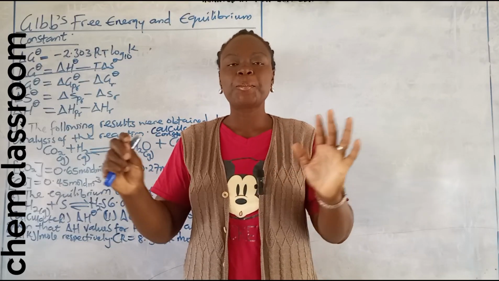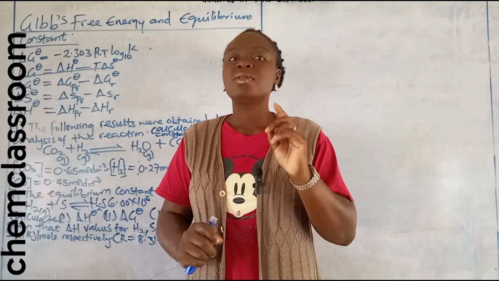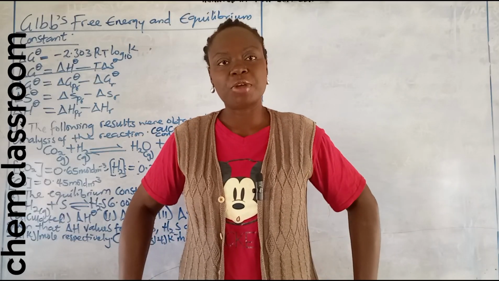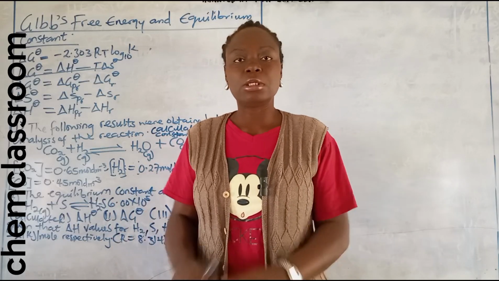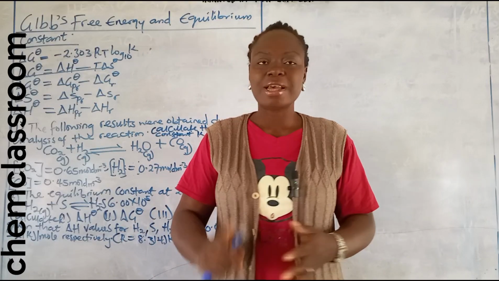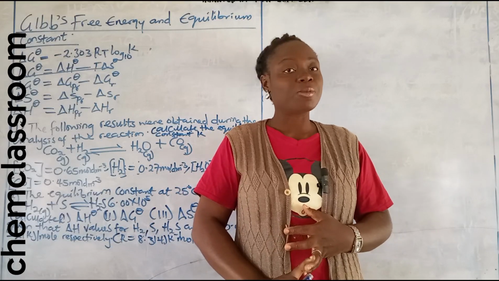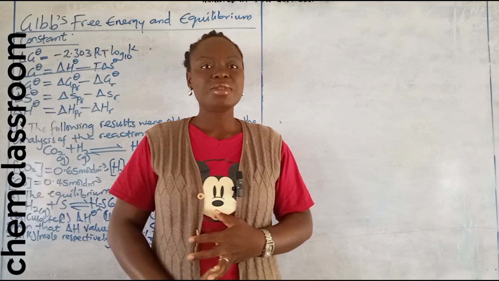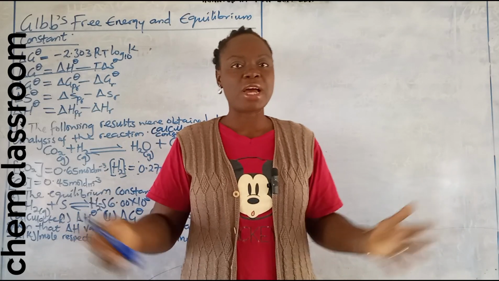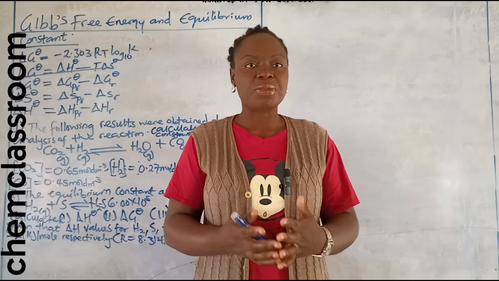So today we'll be going to the thermo aspect of chemistry, the thermodynamics aspect of chemistry. So we'll be talking about the delta H, delta G, the delta S, and the equilibrium constant as well. Okay, so now in a system, in a reaction, you have these three things.